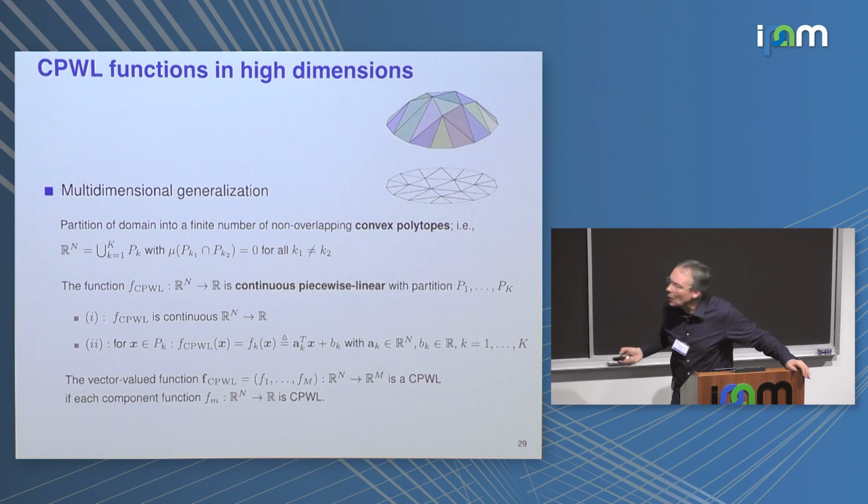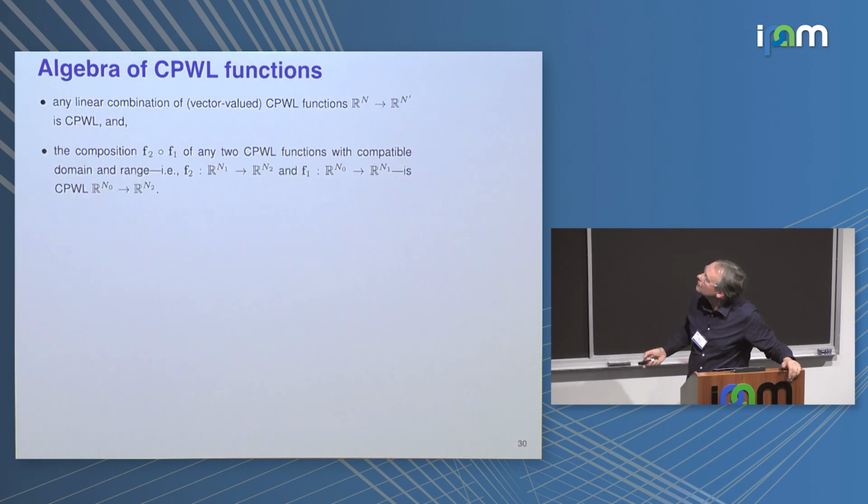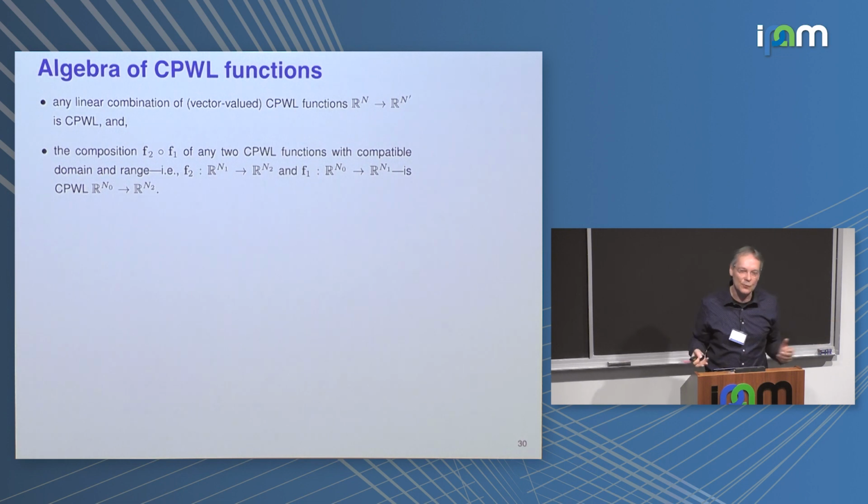Now if we have a vector-valued function, with several components, we say that this multivariate function is continuous piecewise linear if every component is continuous piecewise linear. Now there's an algebra of continuous piecewise linear functions. Any linear combination of continuous piecewise linear functions is continuous piecewise linear.